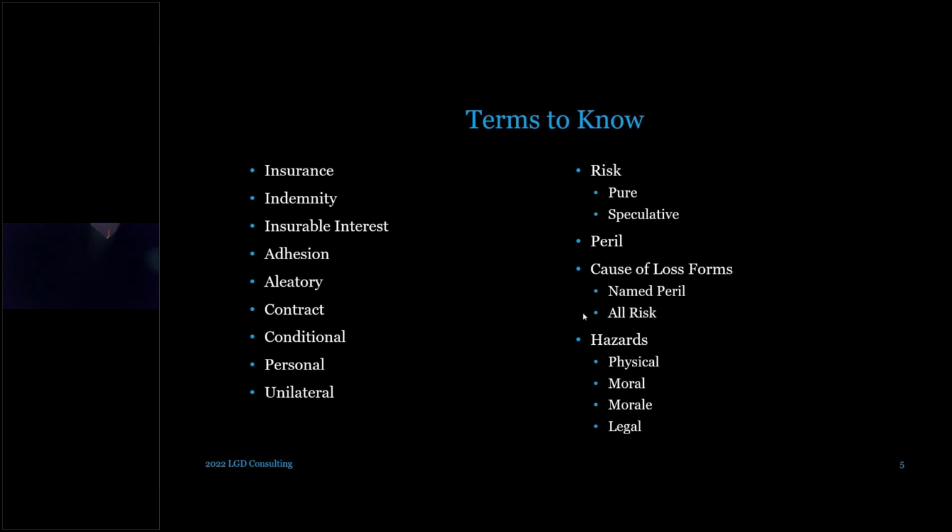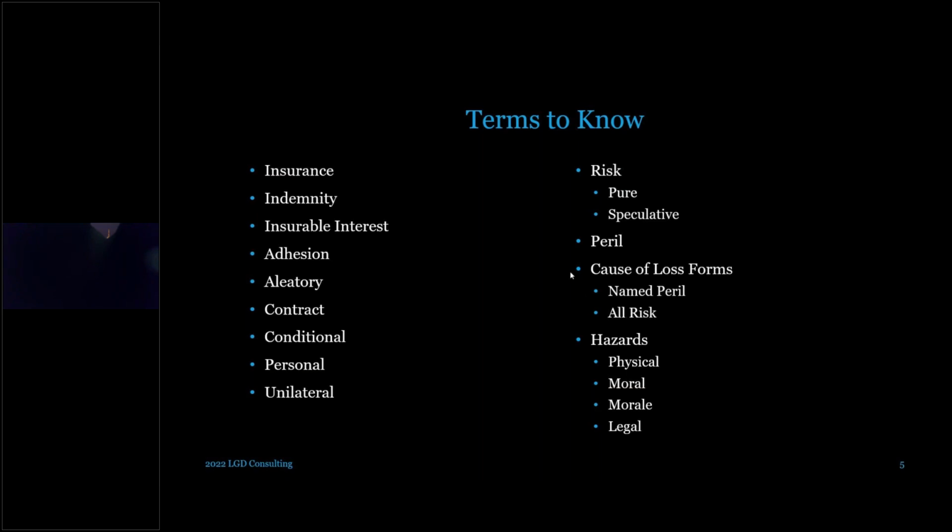When you hear broadest coverage, you're thinking broad form, and that would be wrong, because the special or all risk coverage is the broadest. Broad form is the name of a cause of loss form, it's named perils, but the broadest coverage is all risk.